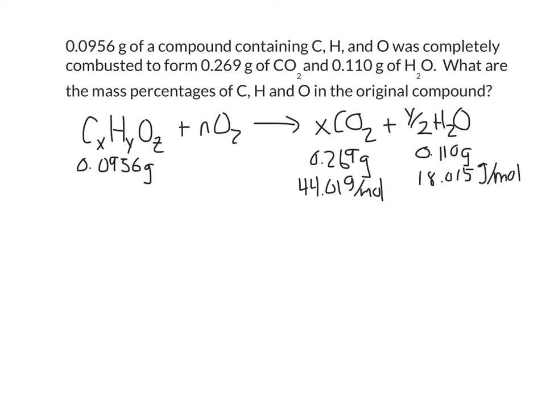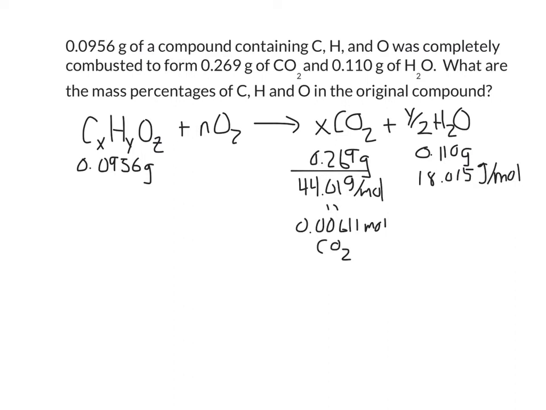I take the mass and divide by the molar mass, and I find the number of moles of CO2 in that way. So 0.269 divided by 44.01 is equal to 0.00611 moles of CO2.